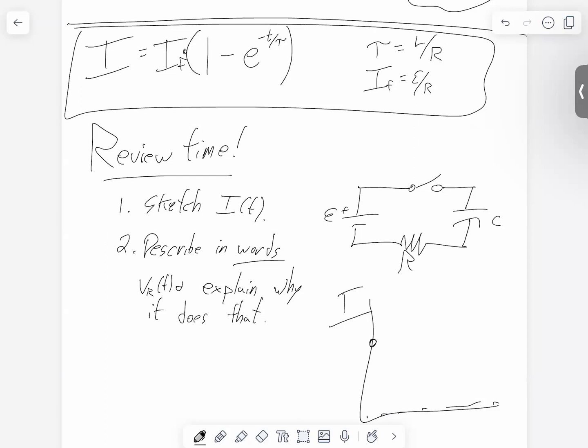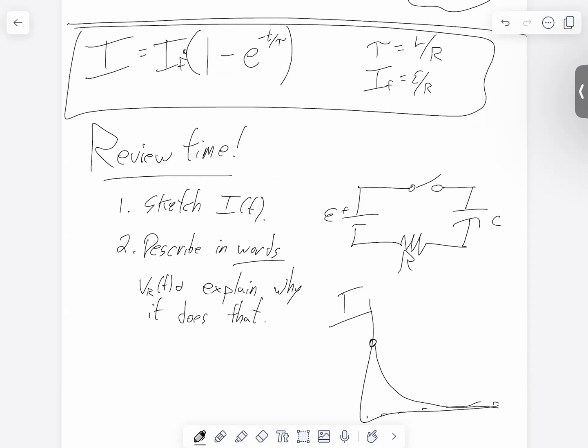If there's 0 current, how much voltage is here? 0. How much voltage is left? E. If there's script E volts across here and script E volts across here, it's another way to say there's no voltage left for the resistor.